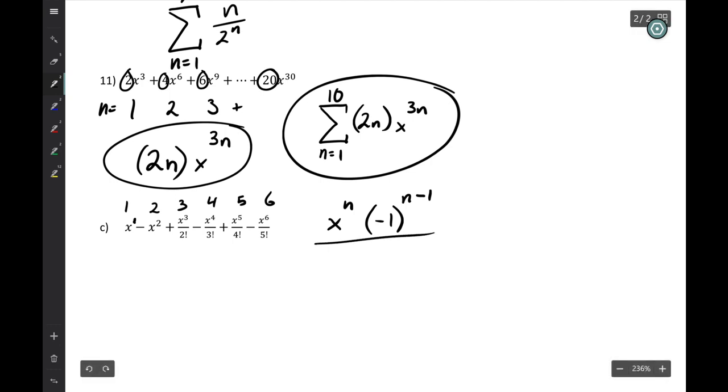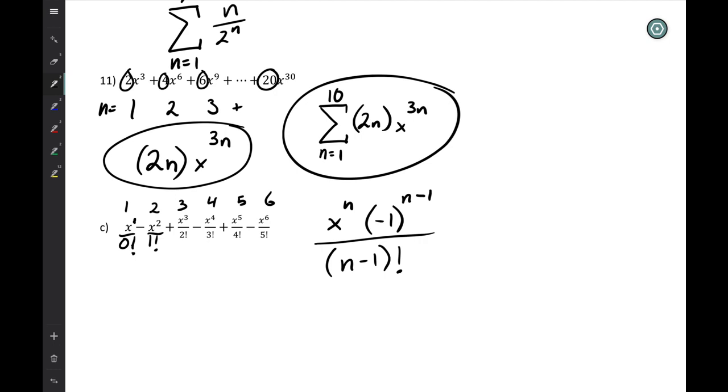Okay, so that's the top part. And then the bottom should be 1 factorial if I continue the pattern, and then 0 factorial, because both 1 factorial and 0 factorial are 1. So now my pattern is that it's going to be 1 less than the n value. So it's going to be n minus 1 factorial. Okay.